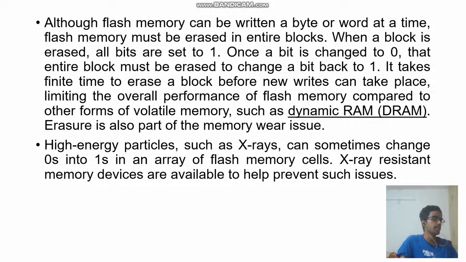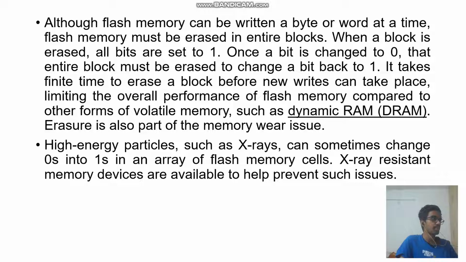Although flash memory can be written a byte or word at a time, flash memory must be erased in entire blocks. When a block is erased, all bits are set to 1. Once a bit is changed to 0, that entire block must be erased to change a bit back to 1.